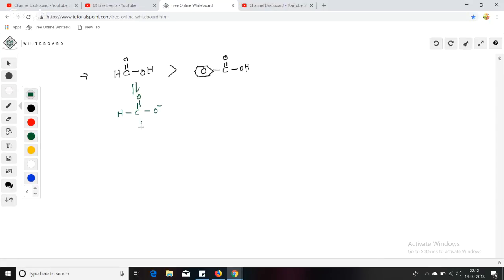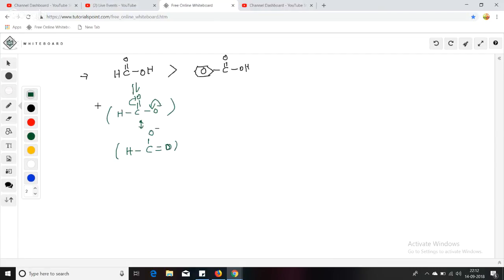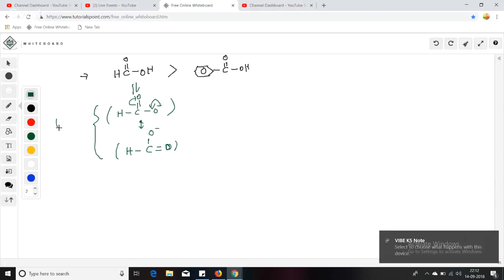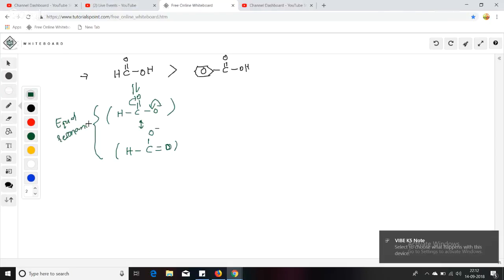And this one is resonance stabilized: C O minus and double bond O. This is the resonating structure we have. This pi electron comes over here, negative charge, and pi electron goes here. So this is resonance stabilized, and this resonance we call equal resonance. These are equal contributors.